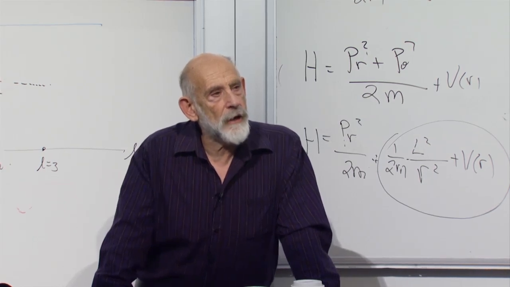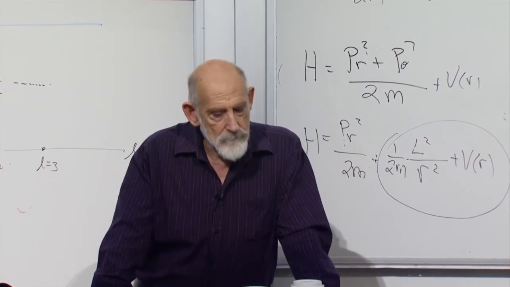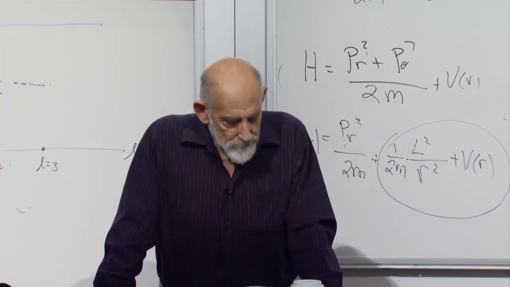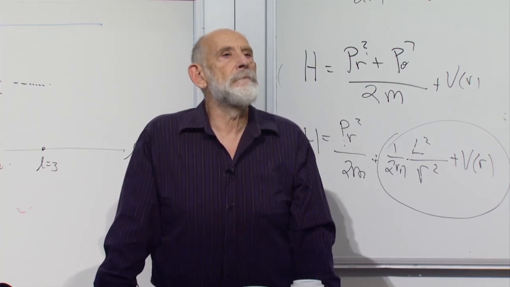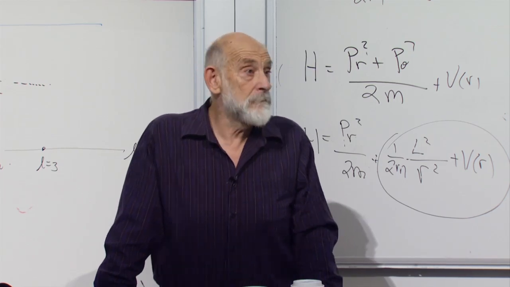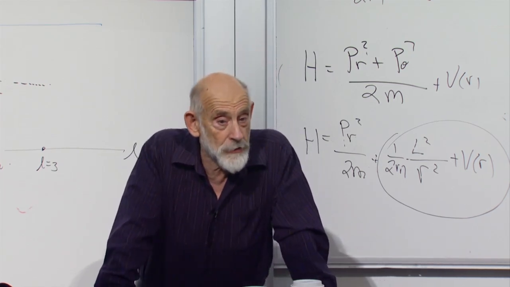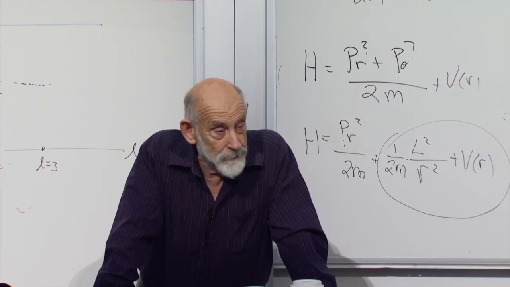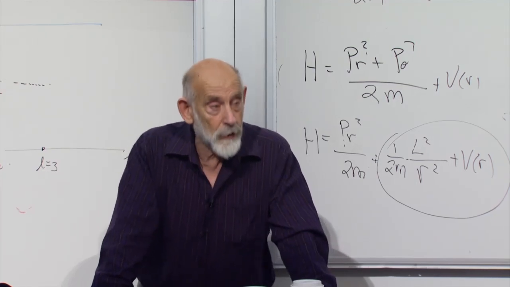Big L squared is L times L plus 1. I just said it wrong. And that difference is caused by the fact that the things don't commute. In other words, it's a little quantum correction.